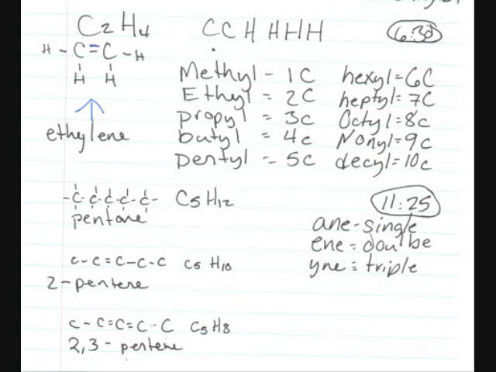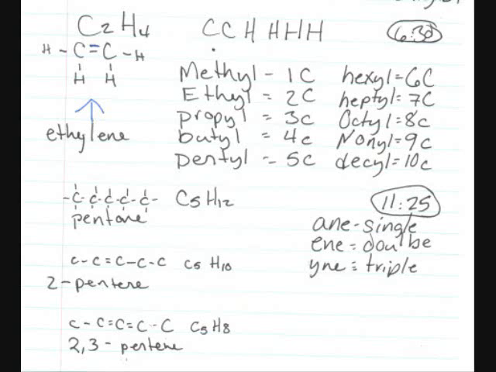Single, so it's going to be pentane. The molecular formula for this would be C5H12. The rough formula for a singly bonded carbon chain is twice the carbons plus 2 gives you the number of hydrogens.